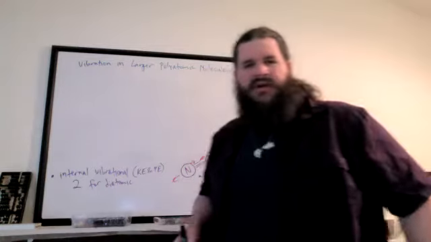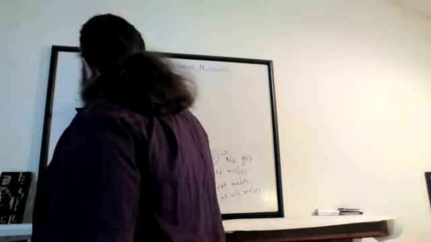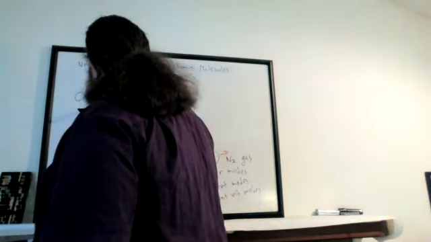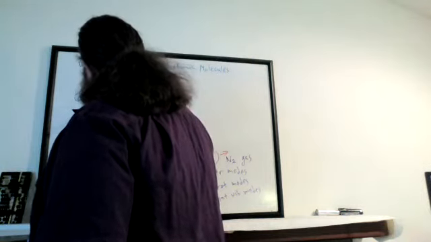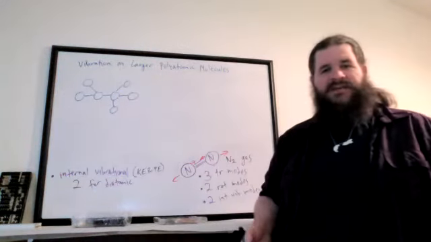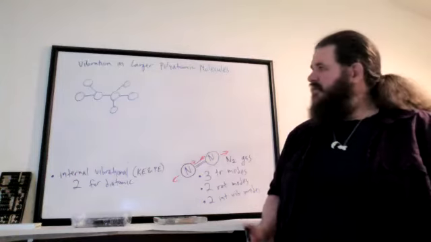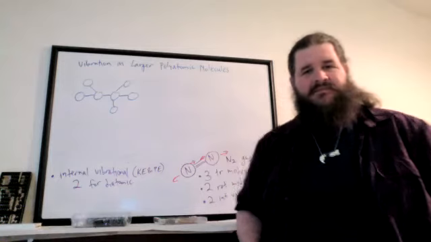Let's say we have a molecule consisting of, let's say, 7 atoms. I'm not expecting this to be any sort of realistic molecule, just some molecule with 7 atoms that happens to be shaped like this.